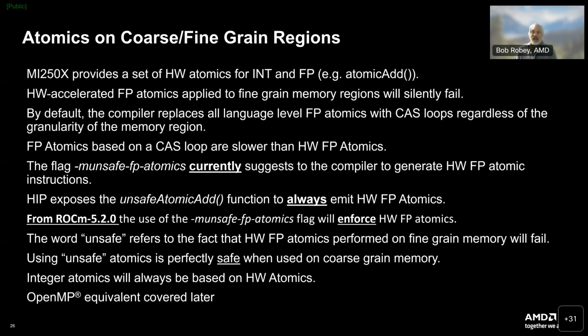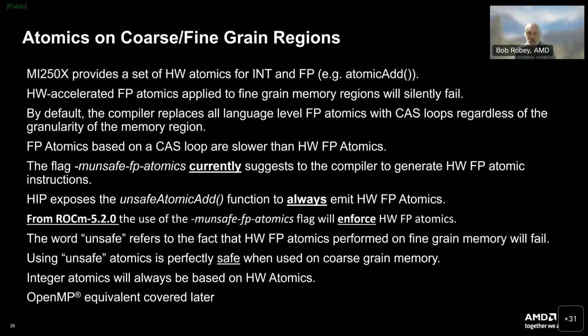This flag has a kind of strange name: unsafe floating point atomics. The atomics are safe if you have coarse grain memory, but it was named this to warn people that they could have silent failure on atomics if they were not careful.